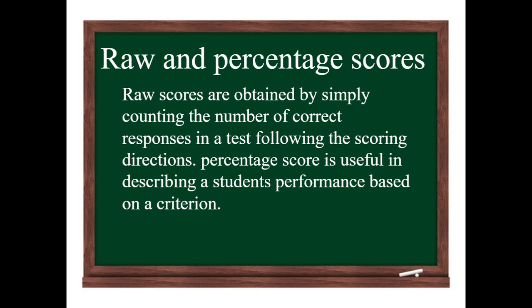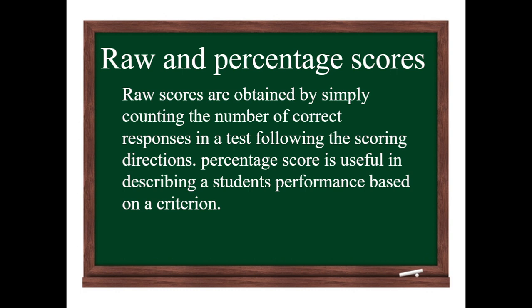So, for example, a student who gets 30 out of 50 items in a math test correctly obviously gets a raw score of 30. This means the student was able to answer 60% of the items accurately, which is the percentage score.